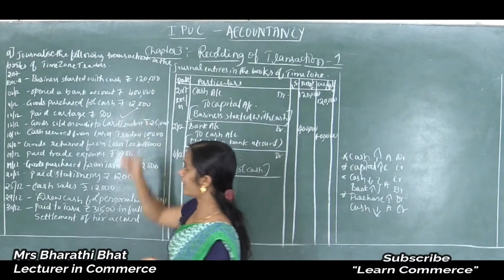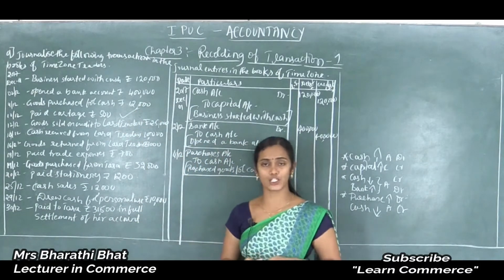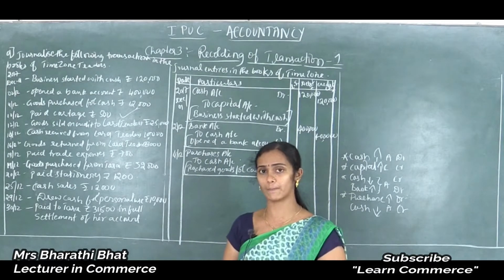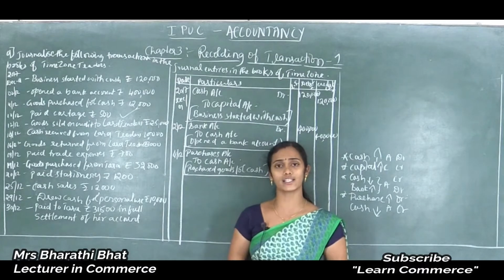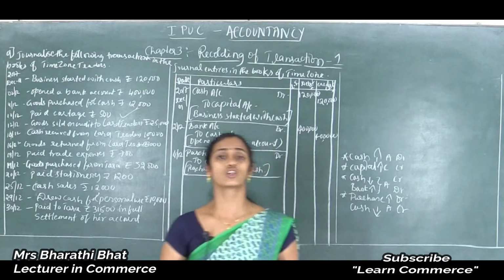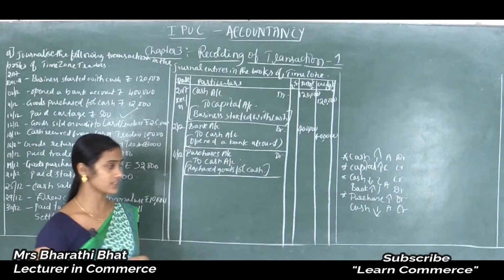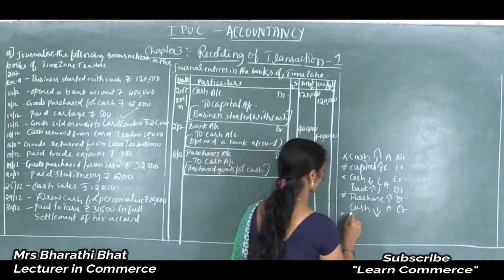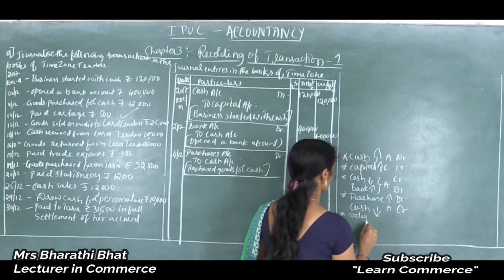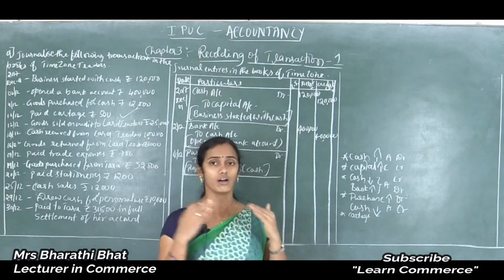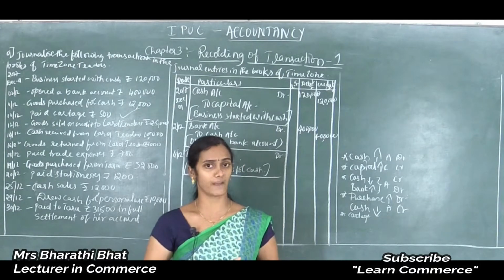Paid cartage. Cartage means it's an expense for the organization for transporting goods from one place to another place. The organization has to pay some amount. So cartage comes under expense, like stationery or wages or salaries. We should consider these also under expenses.